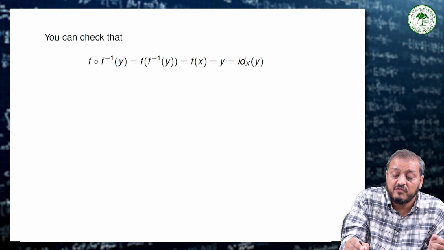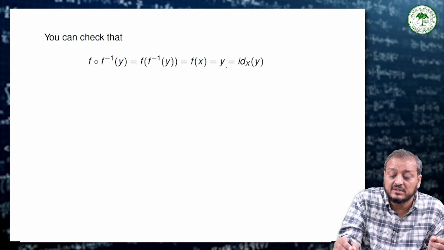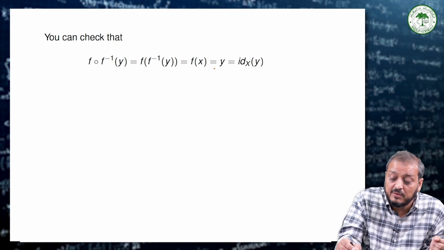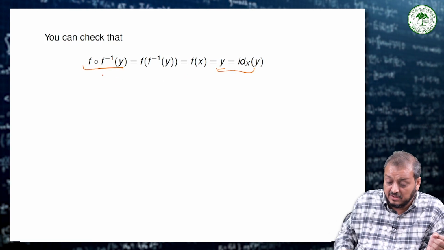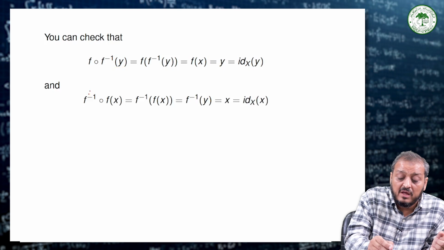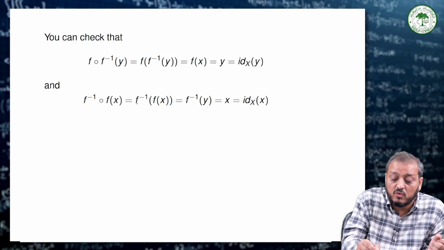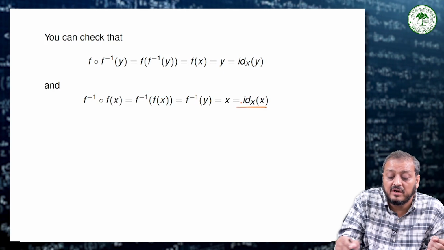f of x is equal to y, which we can write as a composition: y is the identity of y. So this means f composition f inverse is equal to the identity. Similarly, f inverse composition f of x is equal to x, which is the identity of x.